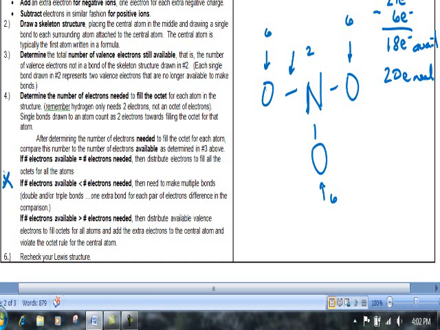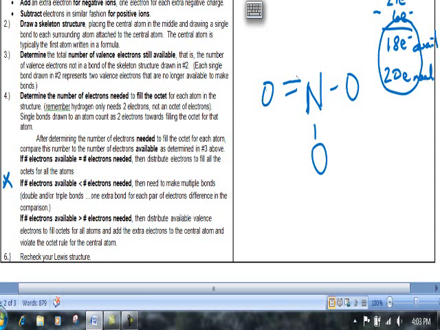For every pair of electrons that we are off between needed and available, we add 1 additional bond to our skeleton structure. So we'll toss in an extra bond between the oxygen and the nitrogen.